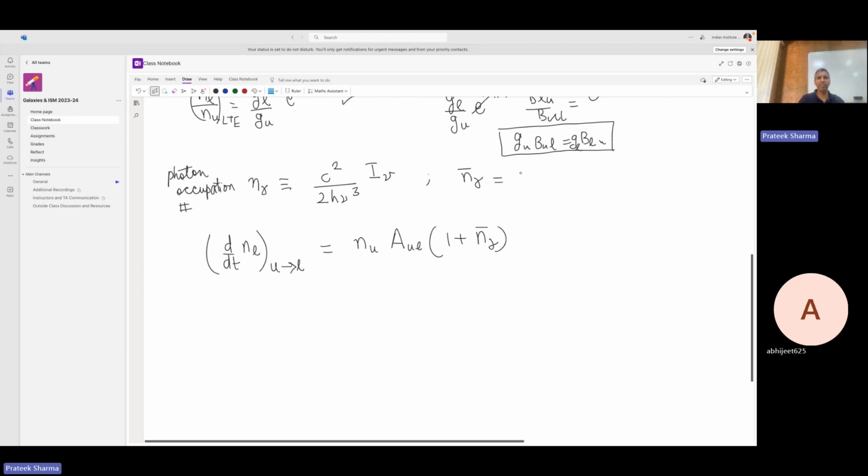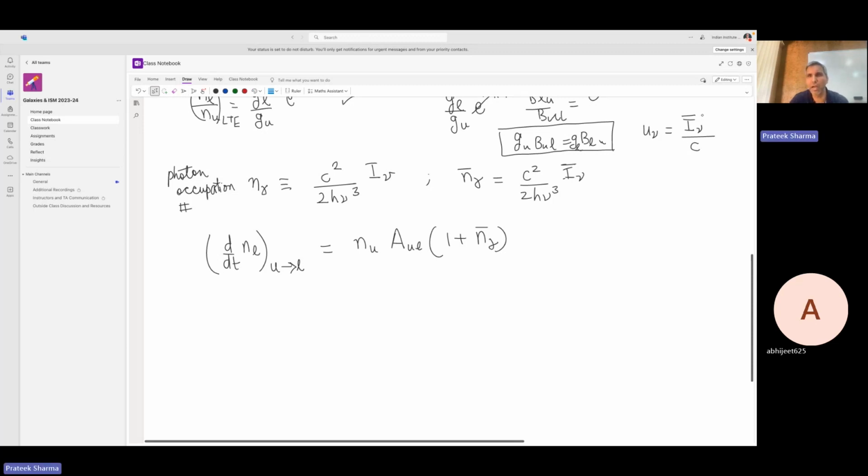So n gamma bar is nothing but c squared by twice h nu cubed times I nu bar. You have averaged over all solid angles. And we also know that u nu is equal to I nu bar by c.